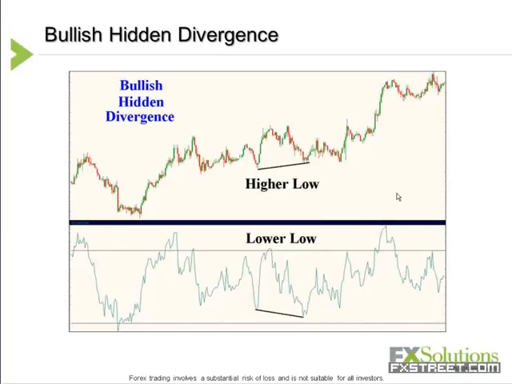Okay, if that makes sense. I think I'm confusing myself here. So we have a higher low here, a lower low in the oscillator. That's telling you that the relatively higher low in price is relatively oversold. And therefore, we're looking for a potential continuation of higher lows in the price. Okay. Hopefully that makes sense.